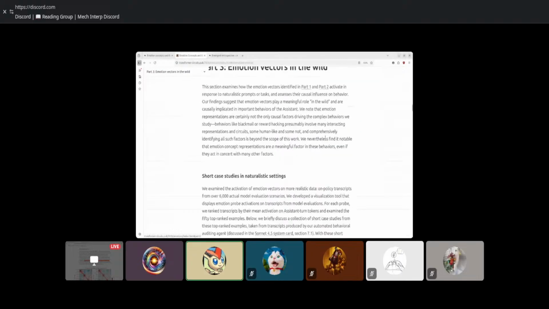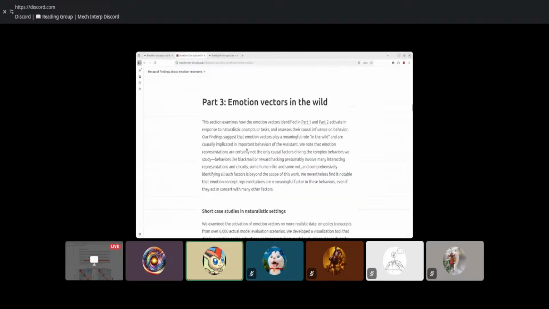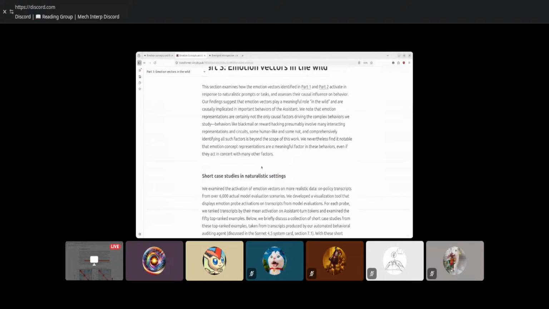Emotion vectors in the wild. Not the only cause, but it's a comparison behavior study.